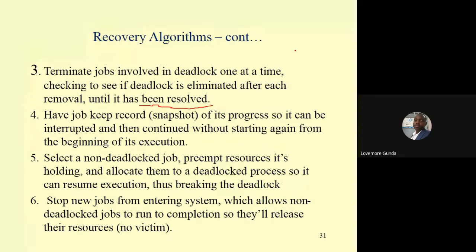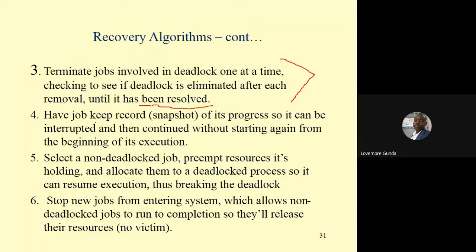Situation number 3, stop jobs one at a time until the deadlock is recovered from, right? So what does that mean? Job number 1, stop job number 1, check if the deadlock is eliminated; if not, go to the next job until the system recovers from the deadlock.